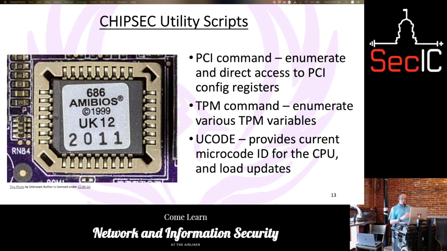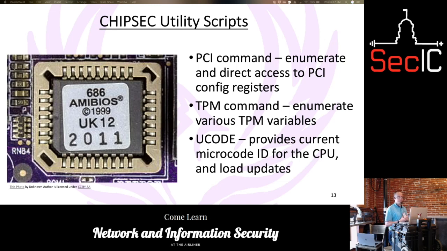An example here is in the utility scripts there's a PCI command, which allows you to enumerate and have direct access to the PCI config registers, and if you want to dump a binary file from a specific location or address, you're able to dump that and further analyze it.